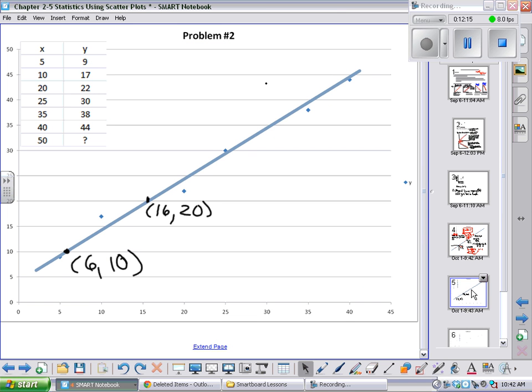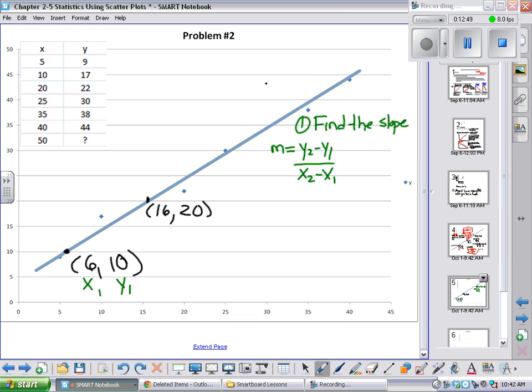So in this case, I have my 2 points already identified on my line of best fit. I have (6, 10) and (16, 20). Again, my first step is to find the slope. So the slope of this line, m equals y2 minus y1 over x2 minus x1. Notice how I keep doing that over and over again so I don't forget the formula.